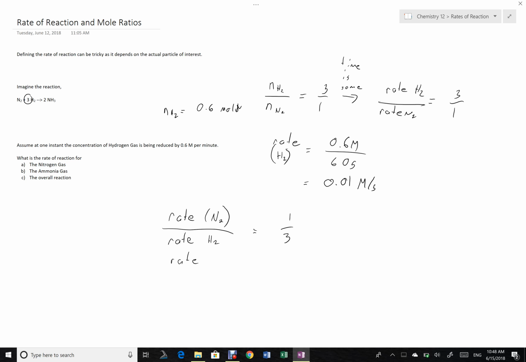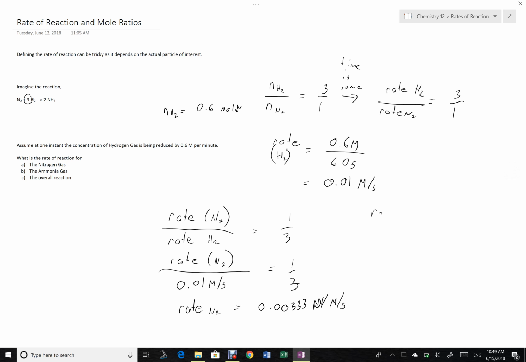So, if my rate for hydrogen gas is 0.01 molarity per second, my rate for the nitrogen gas would simply be, that should be 1-to-3, not 1-to-2, 0.00333. That's the repeating one, molarity per second. That would be if I wanted nitrogen gas.